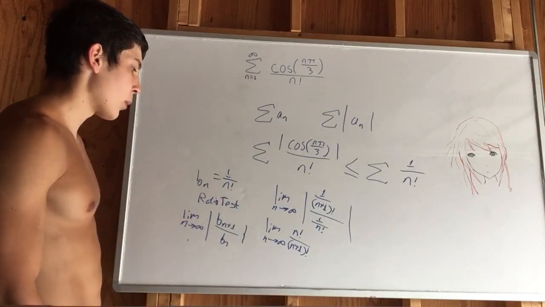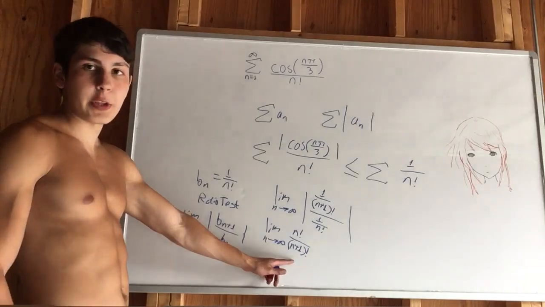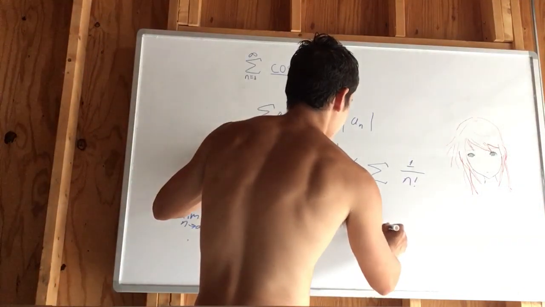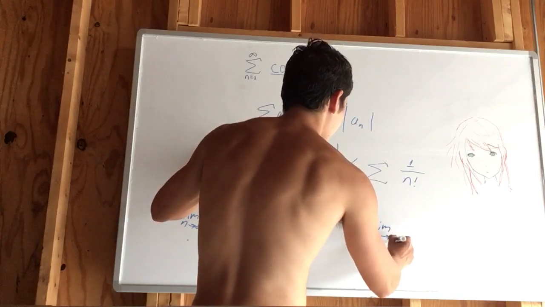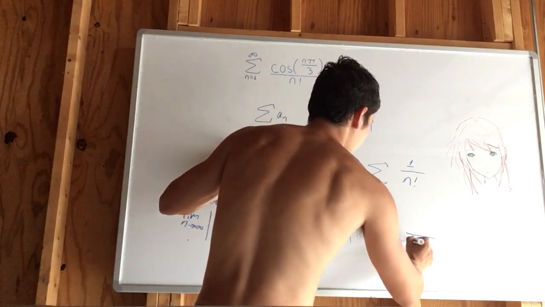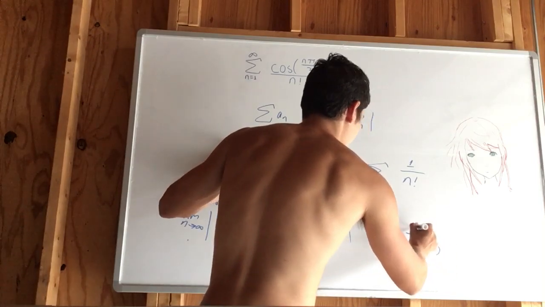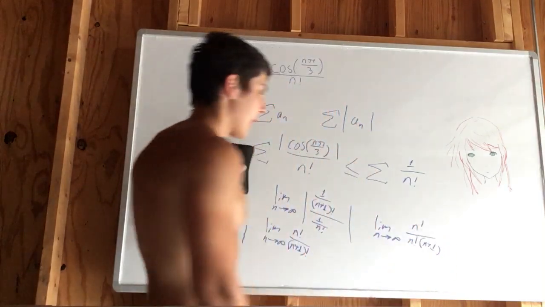Now we can notice that we can factor out an n factorial from this denominator. So this is the same as the limit as n approaches infinity of n factorial times n plus 1 in the denominator, and we have n factorial in the numerator.